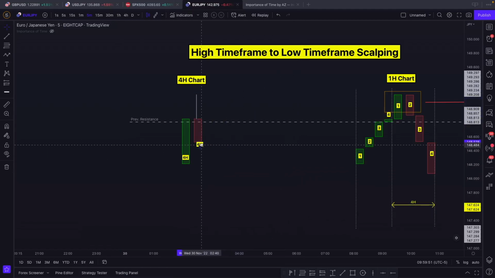And now the 4-hour candle is closed, and all those traders that got into the market in a long position right here above the previous 4-hour candle close are now trapped in the market, and they are hoping that they get back to their break-even price.